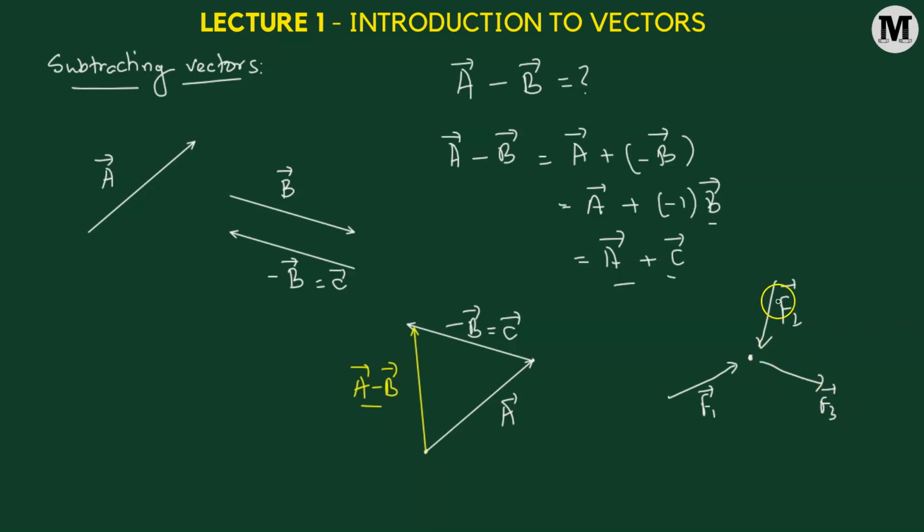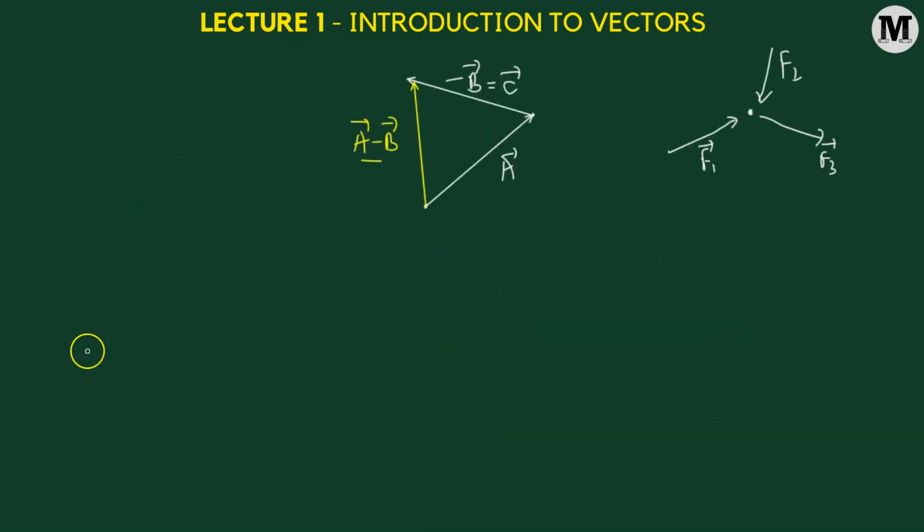So the question is, what will be the resultant of the force? That means what will be the final direction of this point? The point has to move in some particular direction. So that is going to depend on the magnitude and the direction of all the three forces, where the sum of the vectors becomes extremely important. We'll deal with this problem later, but I wanted to give you a graphical understanding of why we need to add and subtract vectors. Next, we will be discussing an extremely important concept that is referred to as unit vectors.